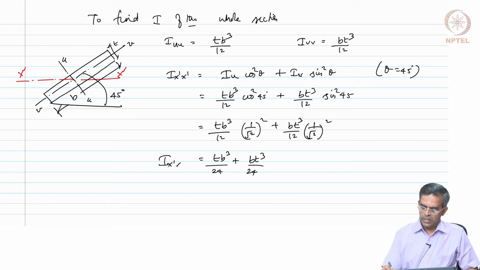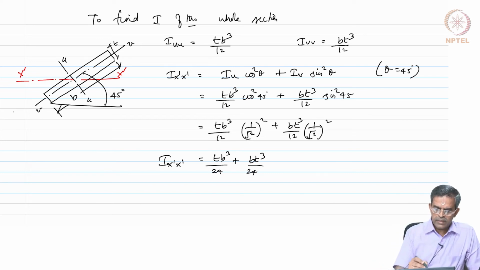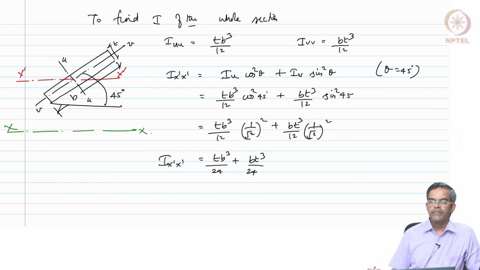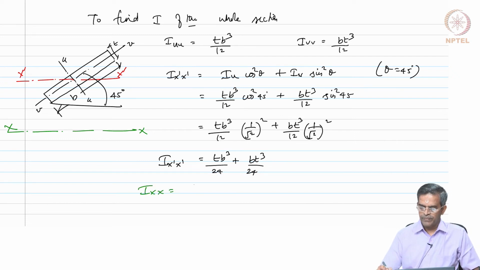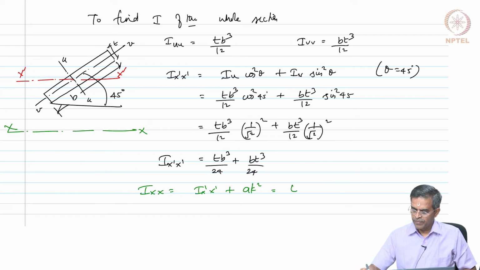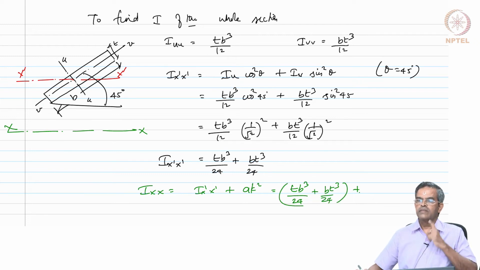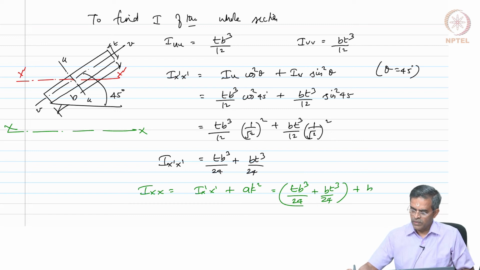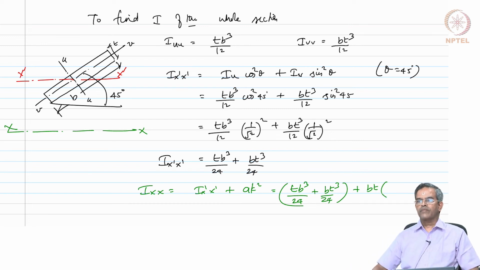This is IX dash X dash. Okay. Now, I have an axis here which is XX. So, now I can say IXX will be IX dash X dash plus A k square, which will be TB cube by 24 plus BT cube by 24 plus A k square, which is B into T of the distance.